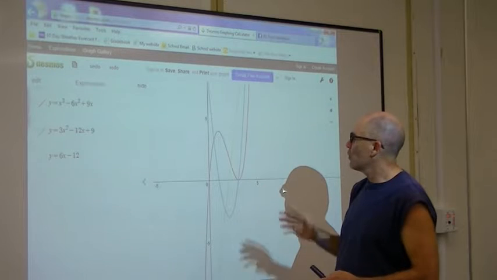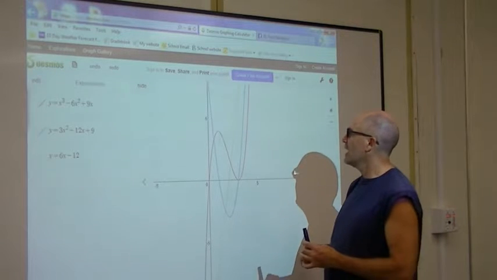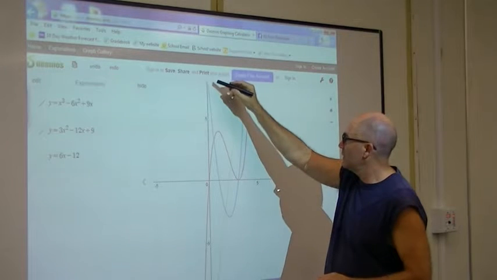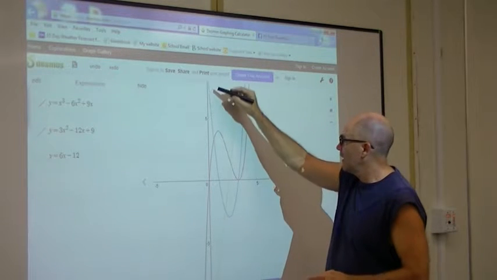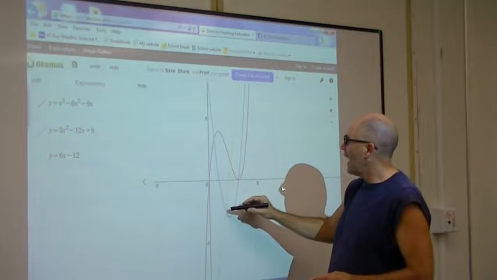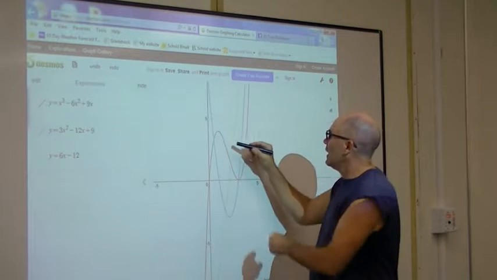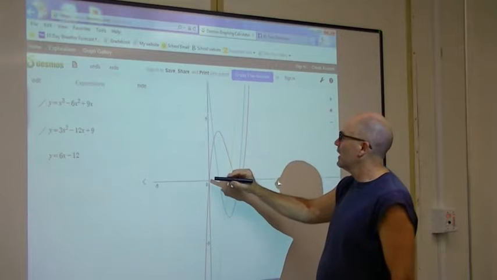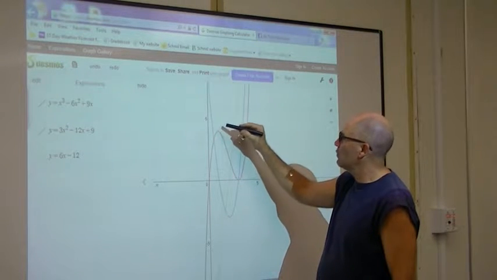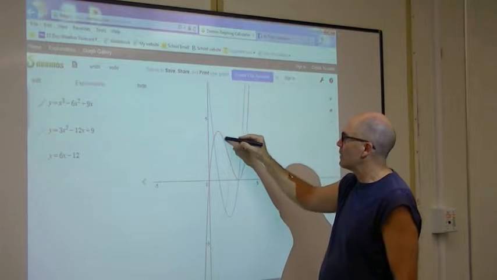And so the rate of change is going from positive to negative. So there's the velocity, blue, going from positive to negative. And then it's going up, up, up, slower and slower, and when it gets to the top, it starts going back down.